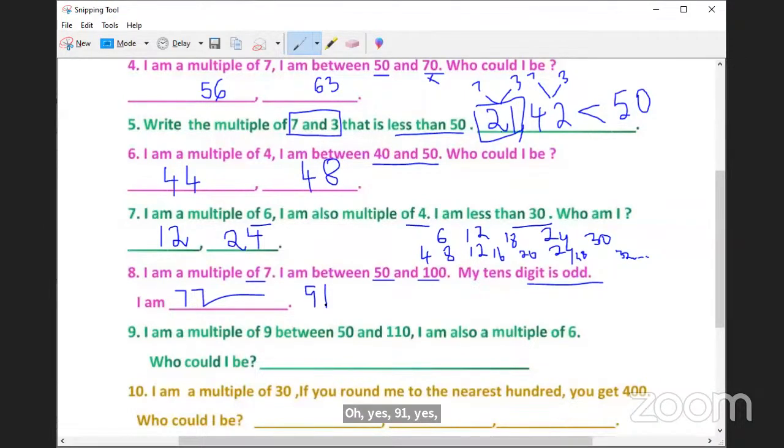Yes, possible. Other than that, 63. Oh, that's an even number now. 77, 91. Any other number? Yes, 70 is also possible. Tens place is an odd number. Any other number?